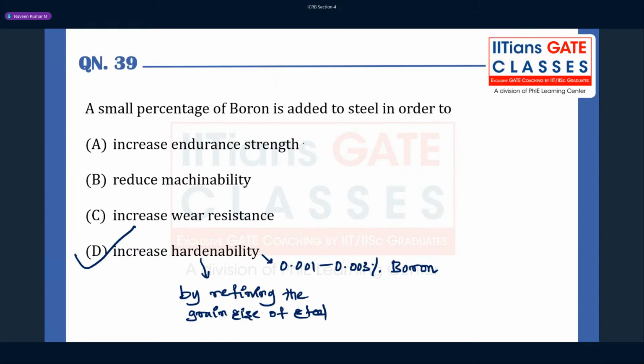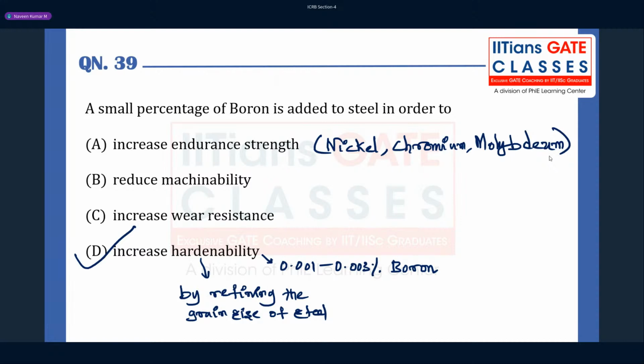And what about the others? Who will increase the endurance strength? Generally, if you add some amount of nickel, and maybe chromium or maybe molybdenum, all these alloys are added into the steel to increase its endurance strength. Endurance is for cyclic loading. You might have read this in your strength of materials or machine design, right? Nobody wants to reduce machinability.